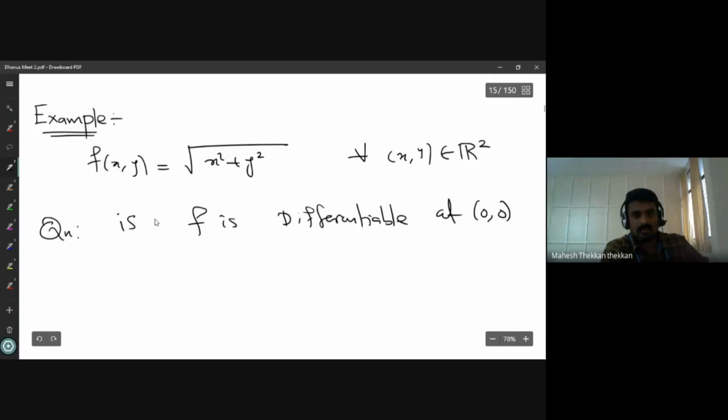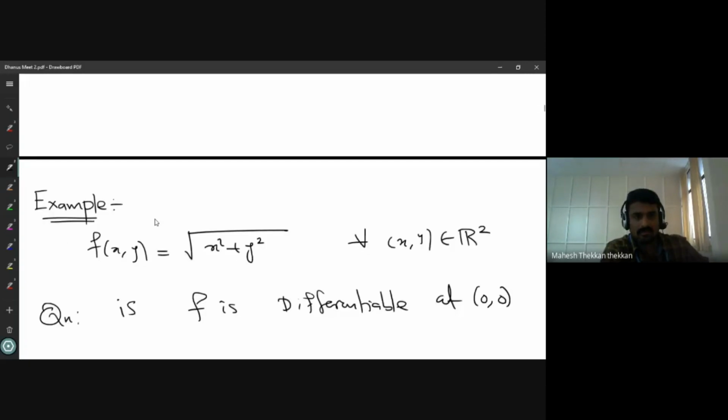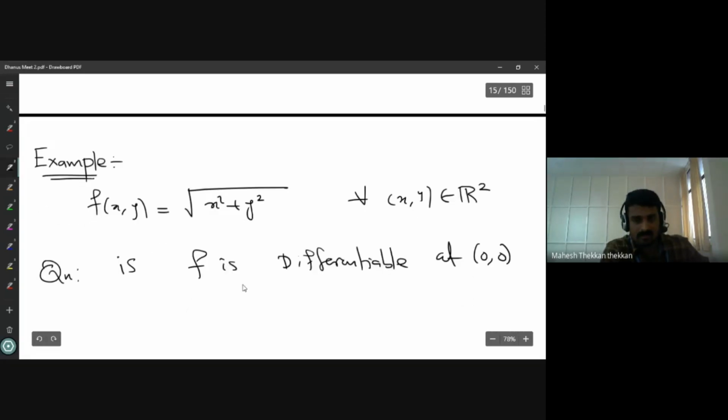Because we have already seen these examples and we have mentioned some property of this example. Is this f differentiable at 0, 0? I will give one second to people to answer. If somebody wants, they can tell. No one wants to answer.